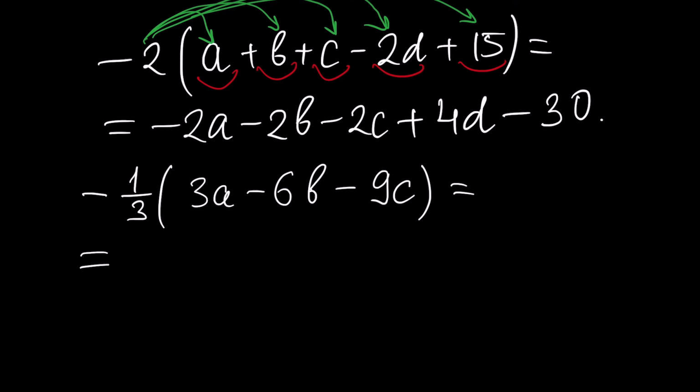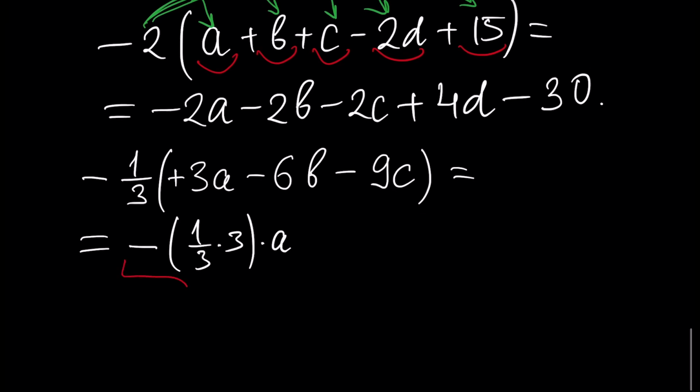In this case, we multiply our minus 1/3 by first element, minus times plus, because here we have plus, gives us minus, and 1/3 times 3 times A, this is minus 1A or minus A.